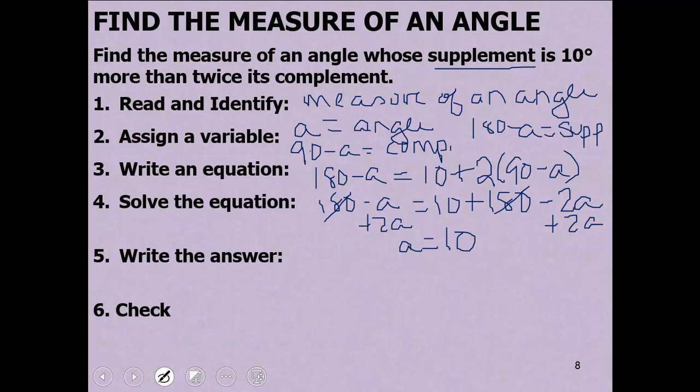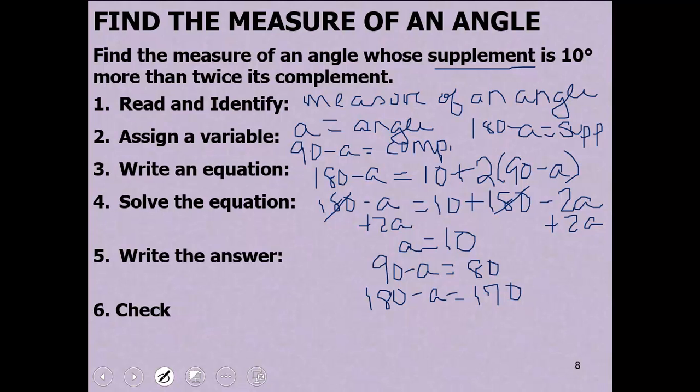So I have 90 minus A is equal to 80, and 180 minus A is equal to 170.